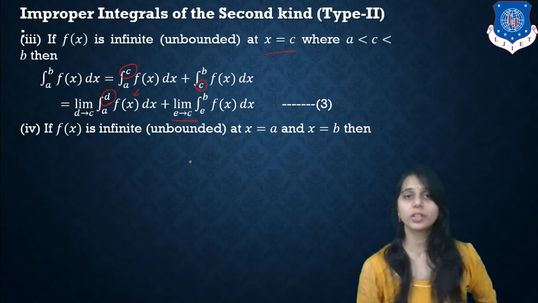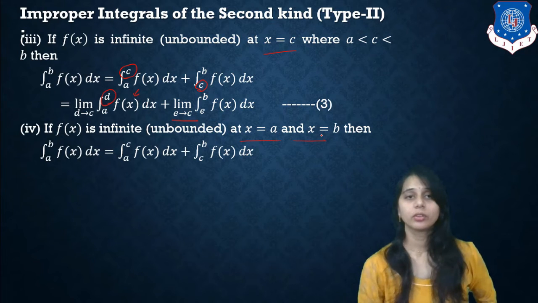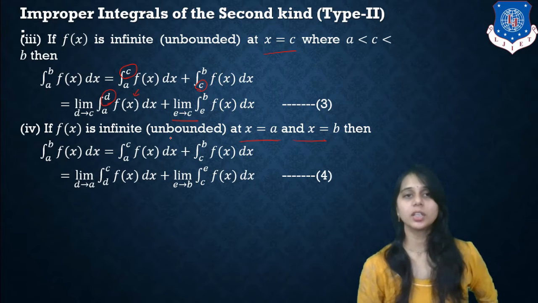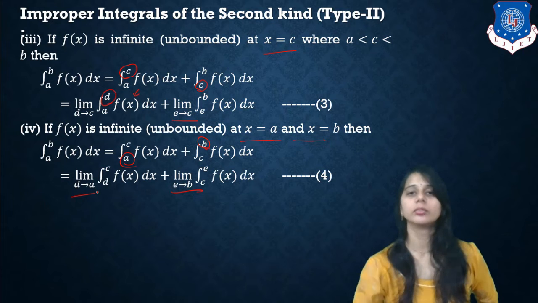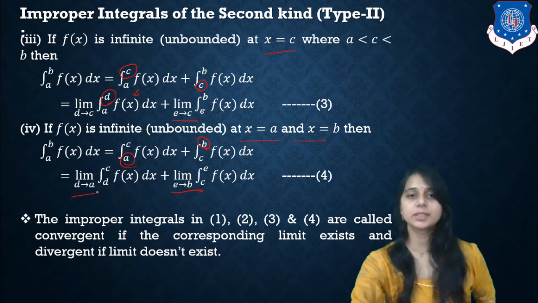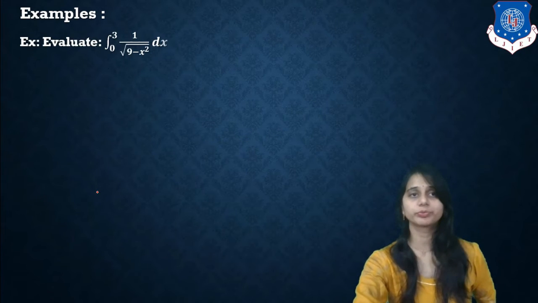If f of x is unbounded at both x equal to a and x equal to b, then we split the integral from a to c and c to b, replacing a and b with d and e. The improper integrals 1, 2, 3, 4 are convergent if the corresponding limit exists and divergent if it does not exist.